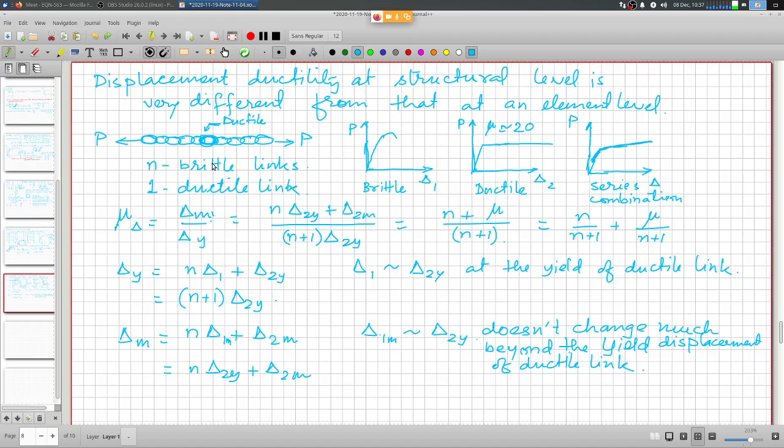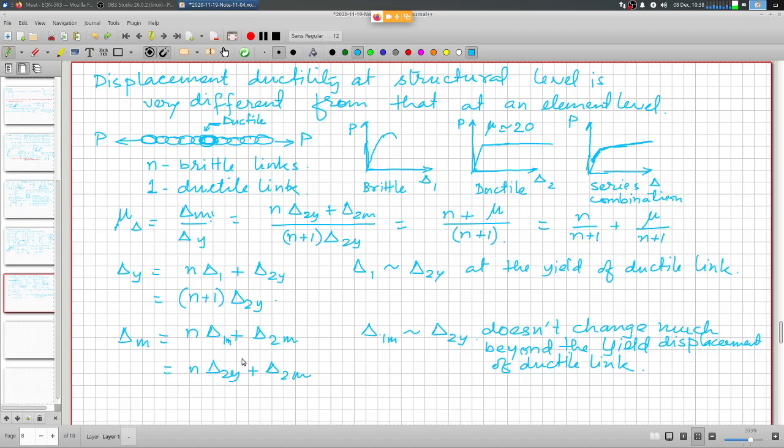And if there are, let's say, 10 elements, 10 is a very small number in a normal structural system. We are talking of hundreds of such individual elements, beams, columns and walls, right? So let's take 100 just to get an idea.